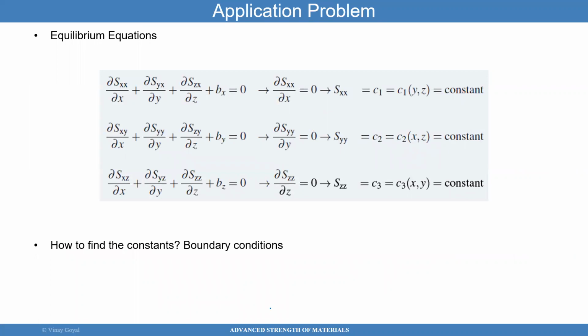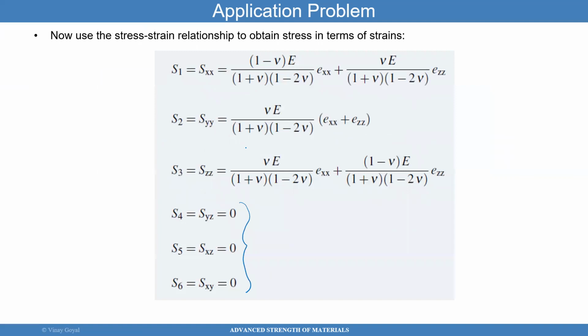So I can use the equilibrium equations. Since the shear stresses are 0, that's 0, that's 0. There are no body forces, so that's 0, that's 0, that's 0. There are no body forces or shear stresses. That's 0, that's 0, and there are no body forces. In addition, as you know from these equations, I have the calculations for SXX, SYY, and SZZ, so I can use that information.